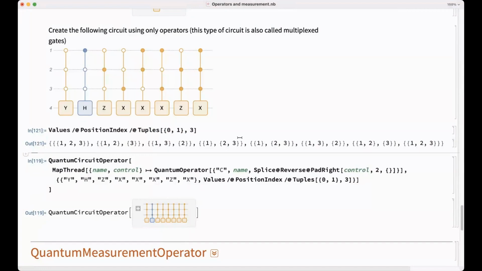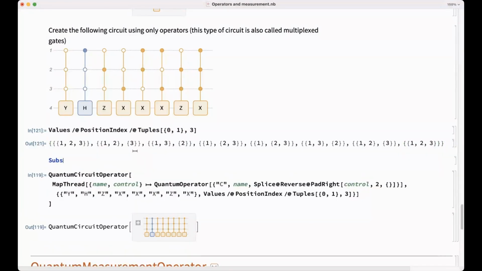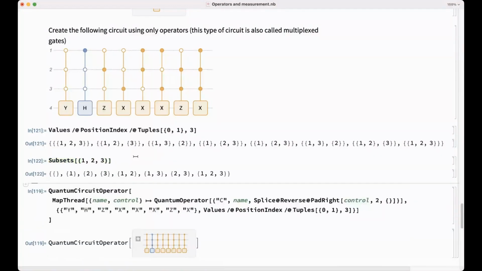Okay, another trick is to create all the subsets of 1, 2, 3. That's another approach. And then let's map this one and take the complement of each case with 1, 2, 3 again. So let's apply a function, and in this case I can just pad with an empty one.